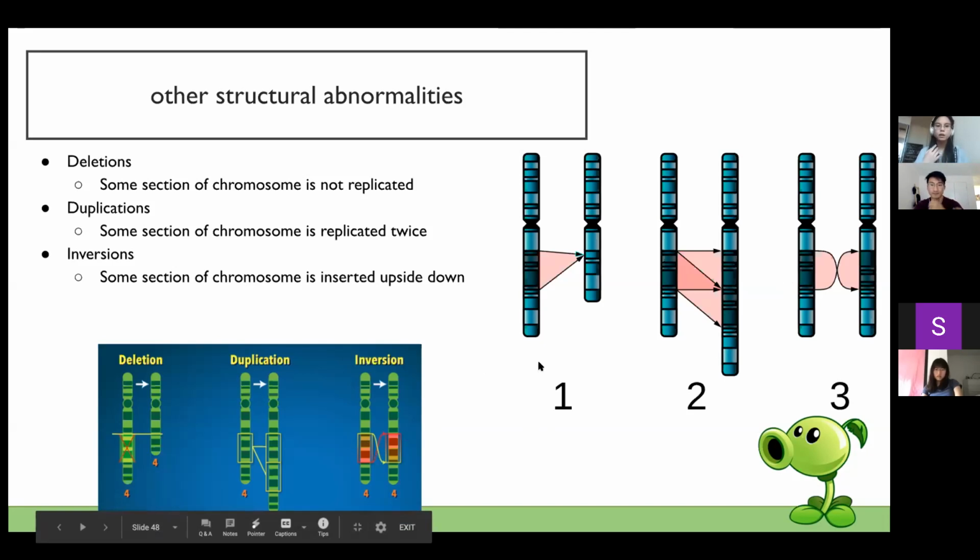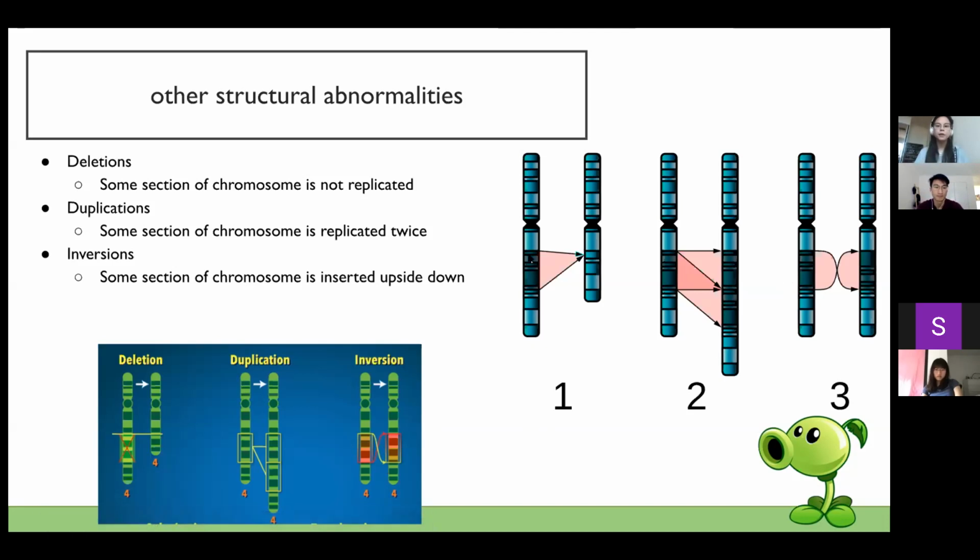And these will have their effect if the breakage is in the middle of a gene that codes for a particular protein, which will have a physiological effect, or if this section that's been deleted contains the gene for an entire protein, so that protein won't be produced by that chromosome. It needs to be the other copy of the chromosome that's producing the protein.